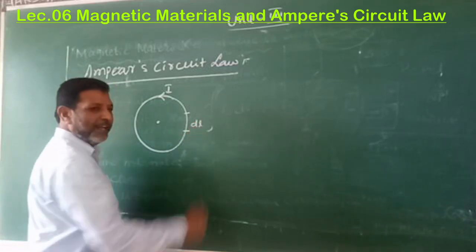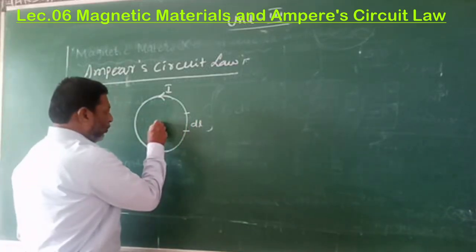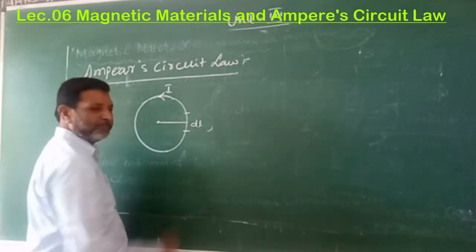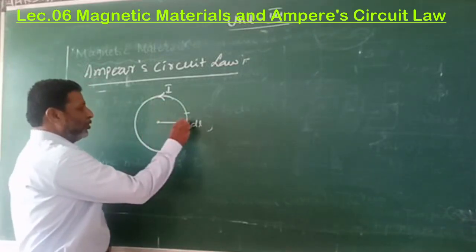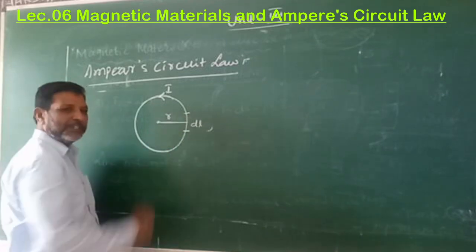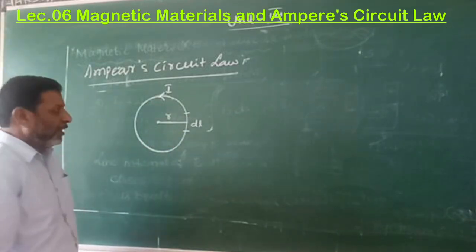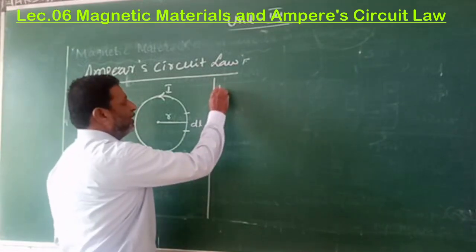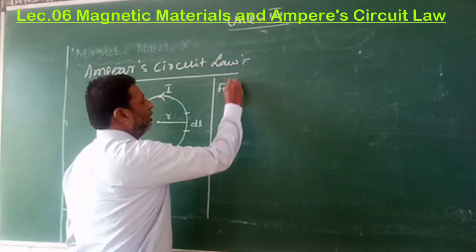Now, from this point, draw a perpendicular on this, that is equal to the radius. You know that the field per unit length is equal to what?